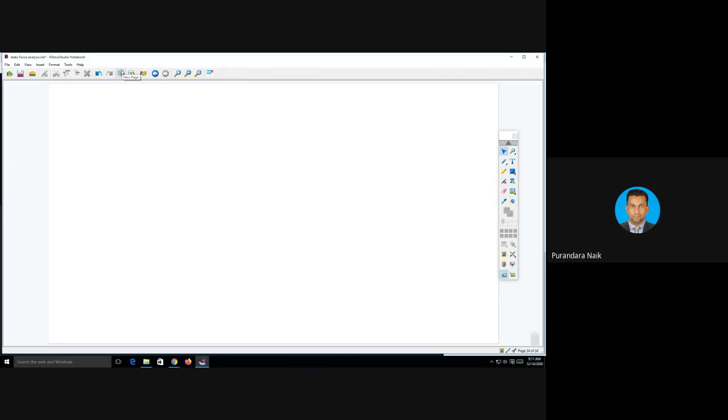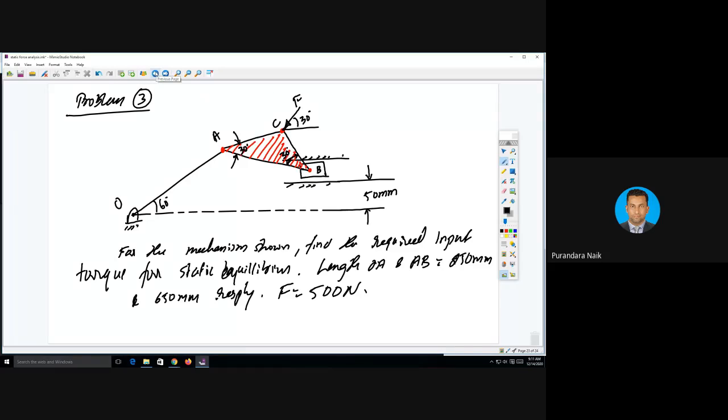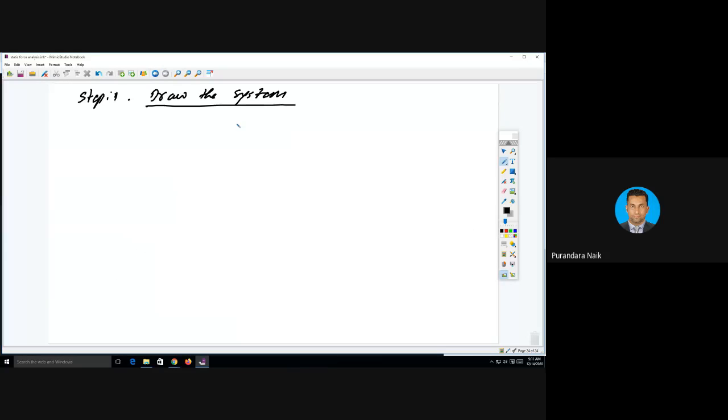Don't waste time. So let us go to step one. Drawing. Draw the system with actual scale. Now, if you come back to this one, the maximum length is 650. We will take 100 millimeter equal to 1 centimeter.